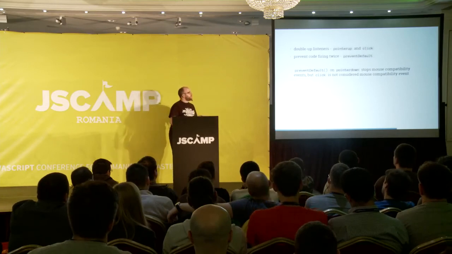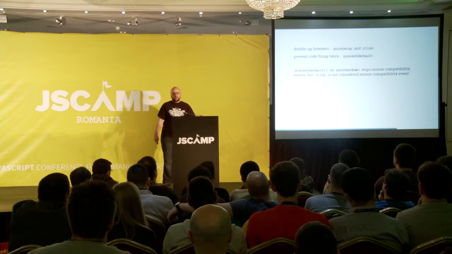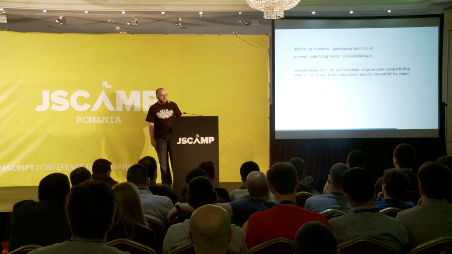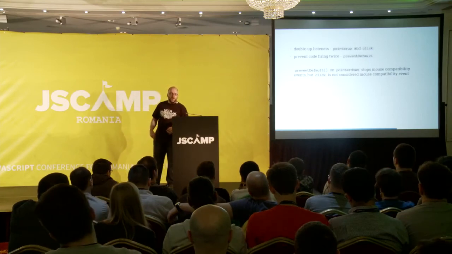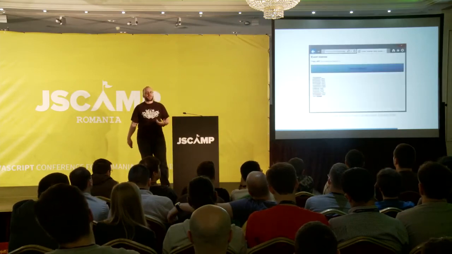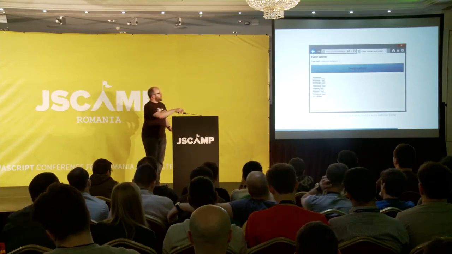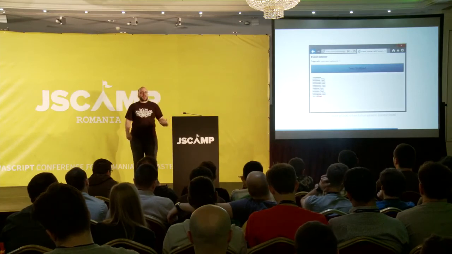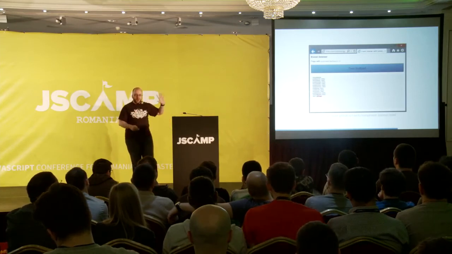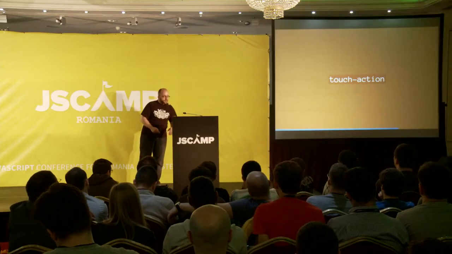Prevent firing the code twice with prevent default. We can try that, but prevent default doesn't actually prevent the click event from firing, because it's not considered a mouse compatibility event. If I prevent default, it stops pretty much the majority of the mouse events, but click is still fired, because in the pointer events model, click is slightly special.